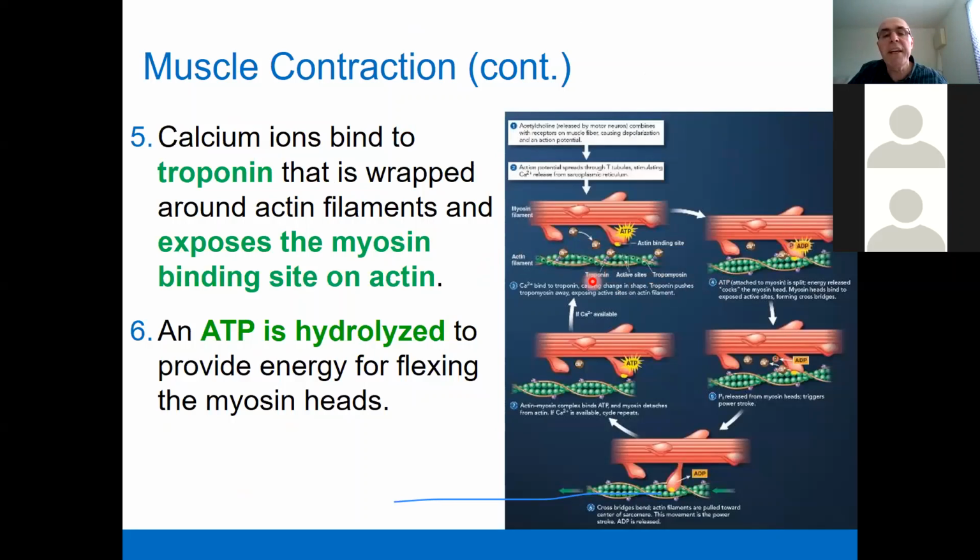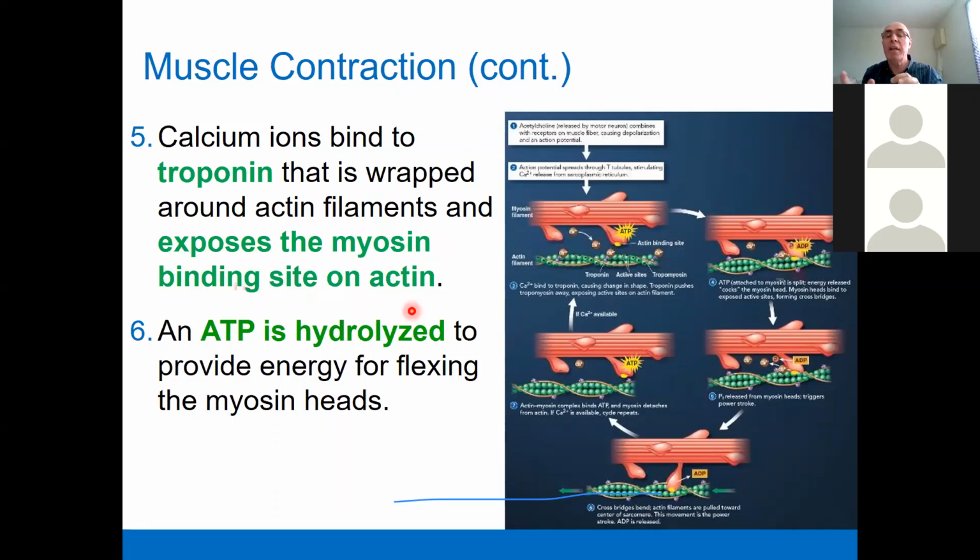Here in these pictures, the green molecules are calcium, and here we have the troponin, the tiny filaments. Calcium binds to the troponin, which is wrapped around the actin filaments, and exposes the myosin binding site on the actin. While the troponin is there, actin cannot be exposed to the myosin.